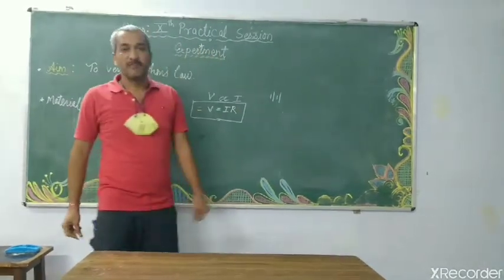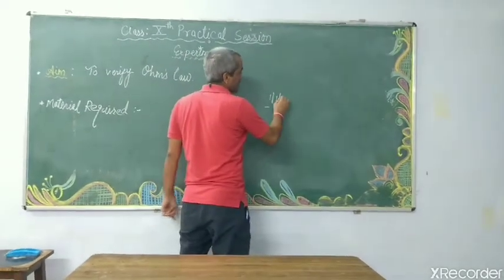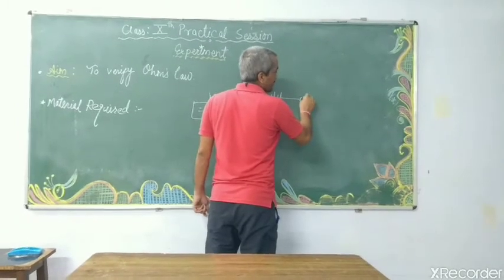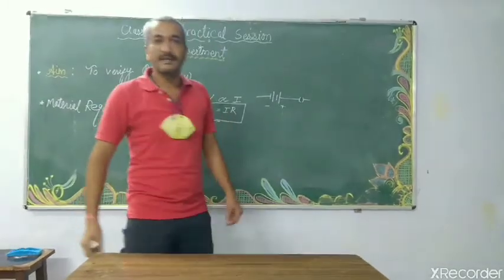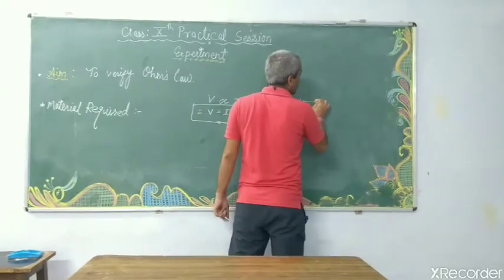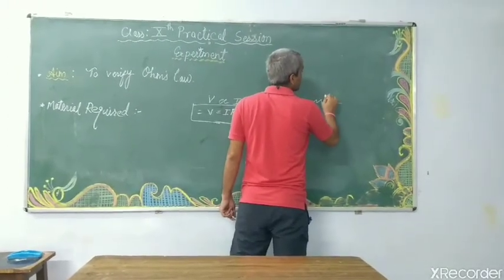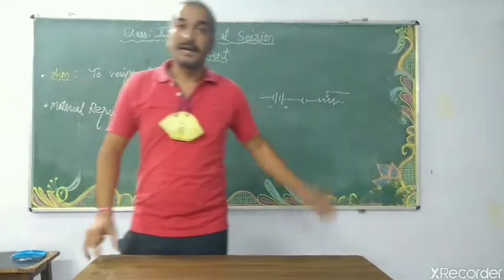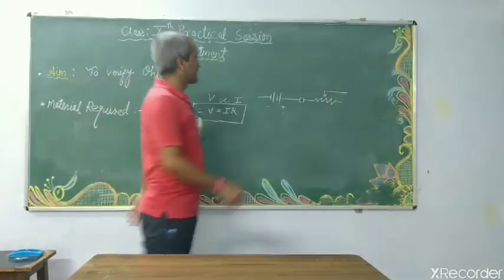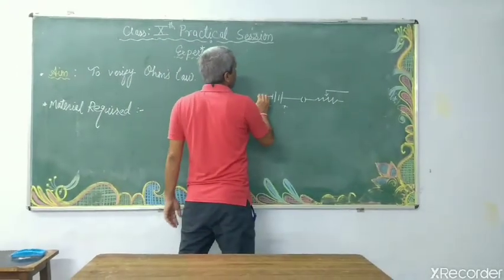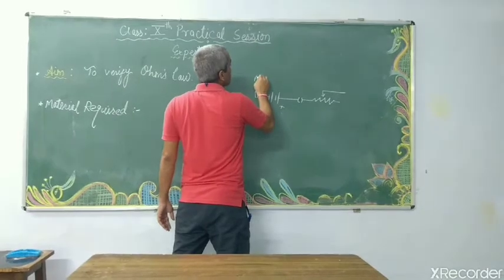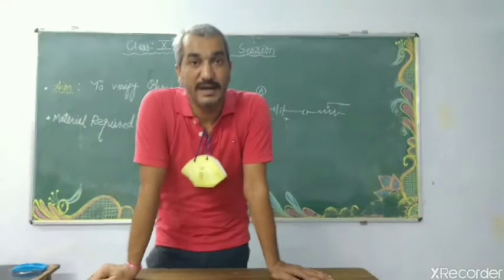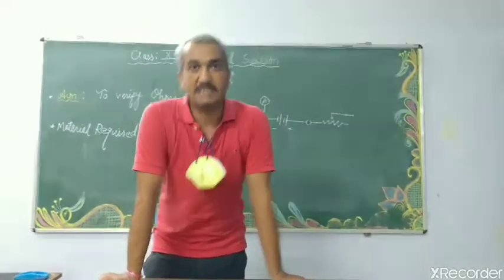This is the battery, this is plus and minus, and with the battery a key, a switch, is connected, and with it a variable resistance, that is also called a rheostat, is connected here, and an ammeter is also connected.